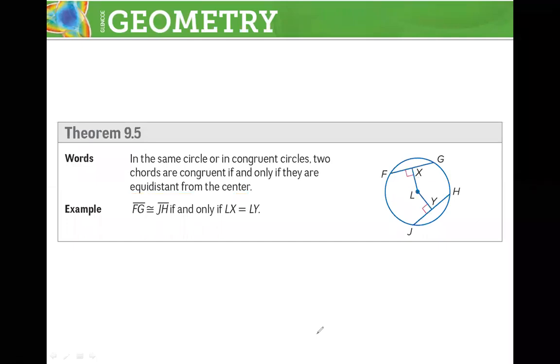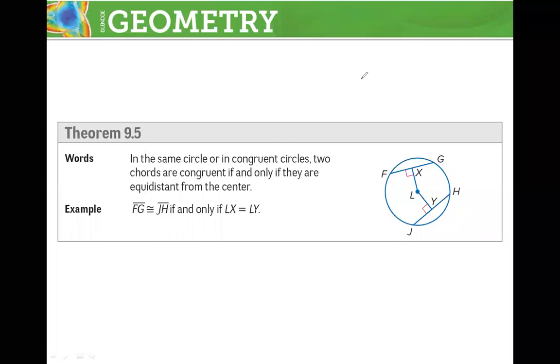Salman Fahd, please, Salman, can you read the theorem again? In the same circle or in congruent circles, two chords are congruent if and only if they are equidistant from the center.